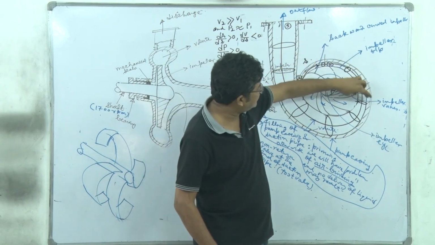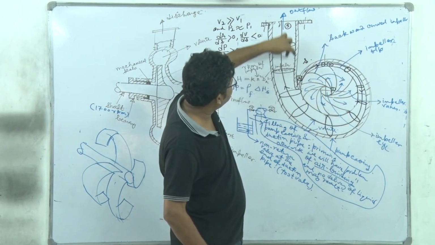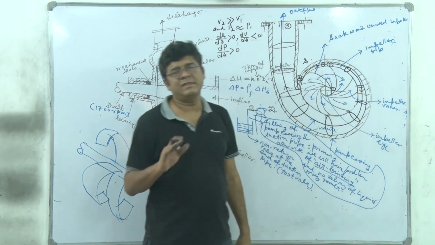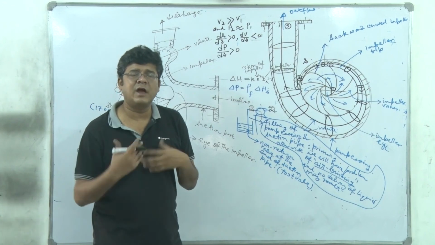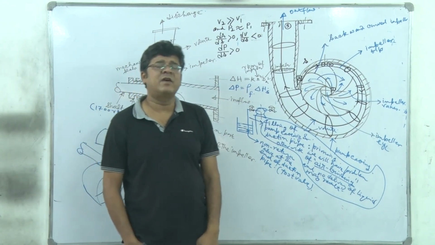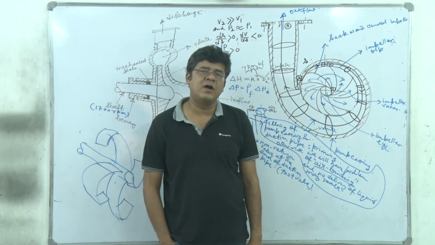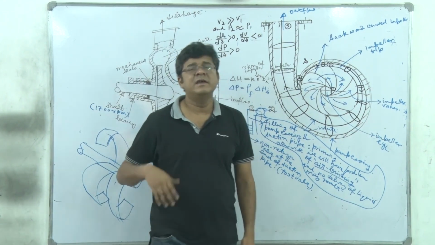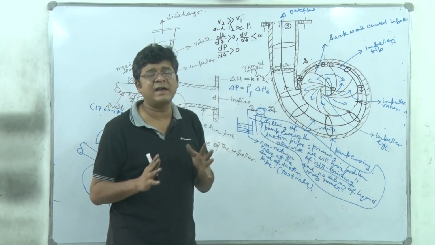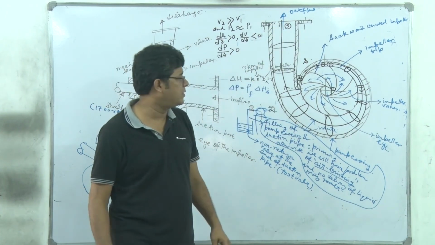That is facilitated by the increasing cross-sectional area of the spiral part of this pump casing, and that's called the volute. So the volute is not actually facilitating the energy transport, but it converts one form of energy, the kinetic energy, into another head, the pressure head, which is desirable and which we actually want in any pump operation.